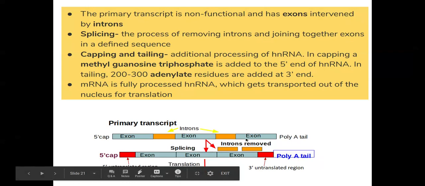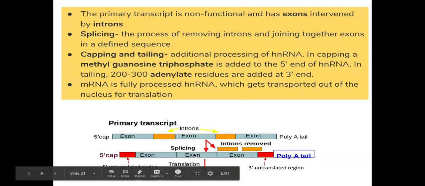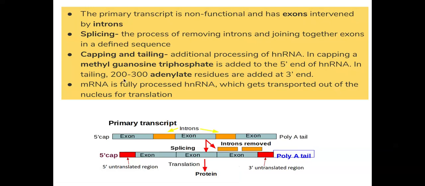So this is splicing. Besides splicing, it also needs to undergo capping, which is the adding of the methyl guanosine triphosphate cap at the 5' end of the primary transcript, or the hnRNA. These two words are one and the same thing: hnRNA or primary transcript. And the third thing that needs to happen is the adding of the poly A tail, or the polyadenylate tail, which is made up of 200 to 300 adenylate residues.